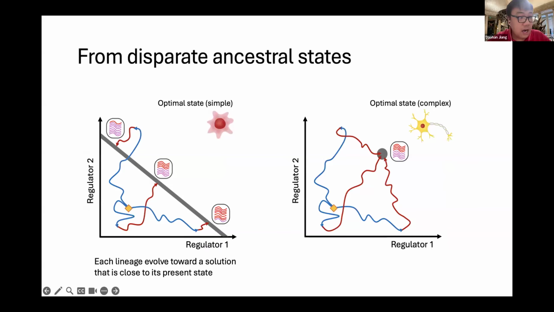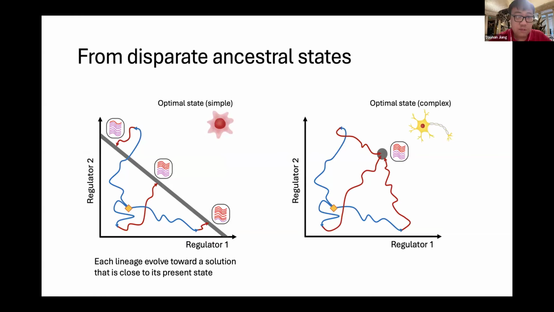Then we considered what if the lineages started from different states when selection is imposed. Here I had a two-stage evolution scenario. In stage one, as shown by the blue arrows, they are free to go anywhere in the expression space.